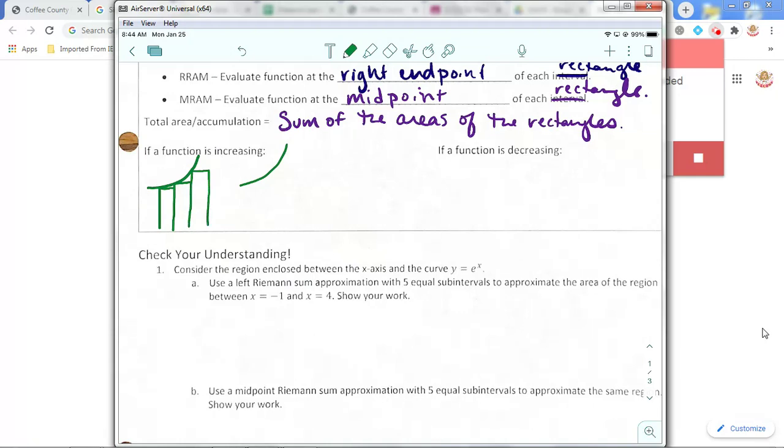Now what you'll get for the area under the curve is the area of these rectangles. So looking at that, would you say that would be an overestimate or an underestimate for the left rectangular area method? It's going to be under, because those areas don't fill up the whole area underneath the curve. So it's going to be an underestimate.